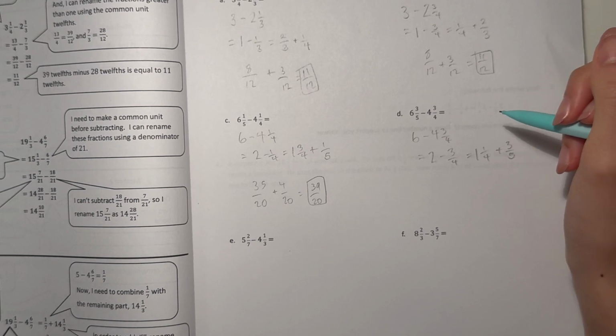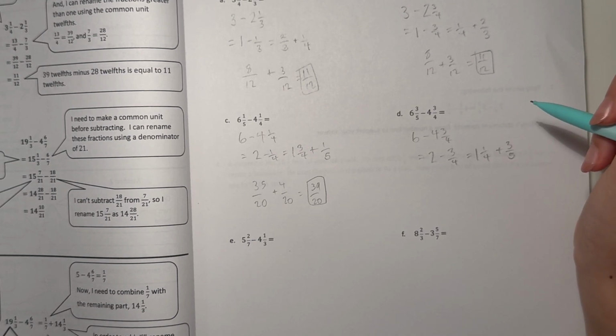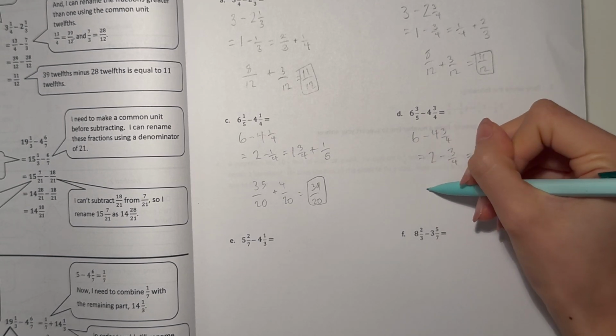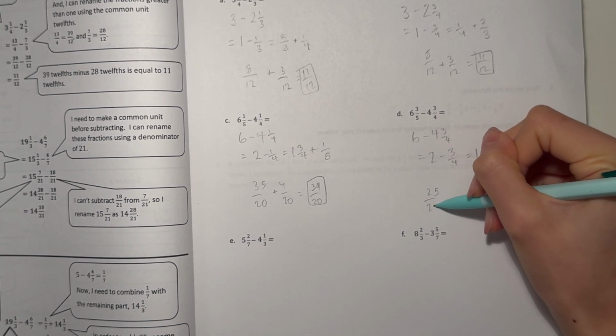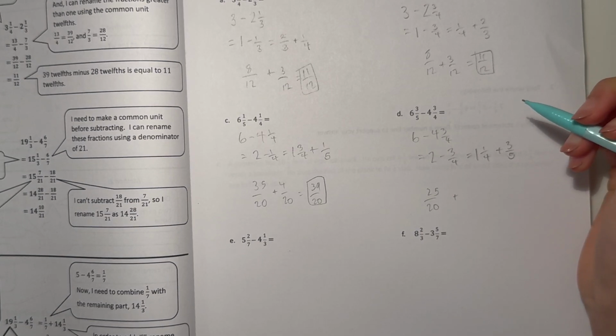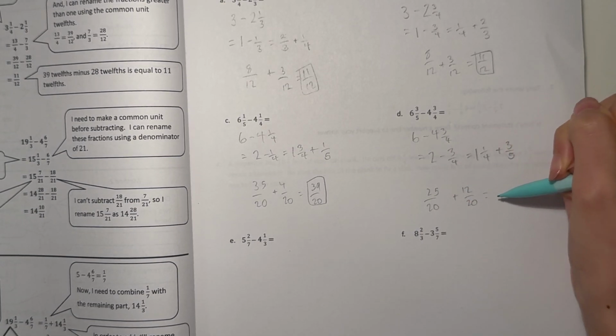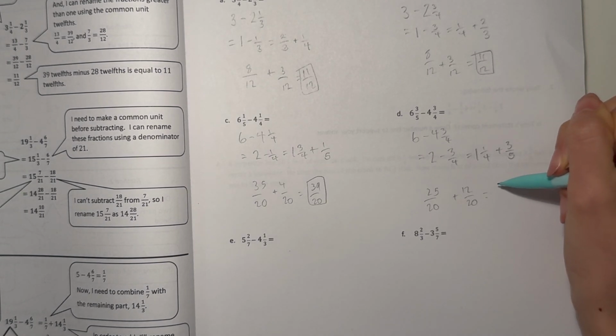So 1 1/4 is basically 5/4. 5 over 4 times 5 is 25 over 20, plus 3/5 times 4 is 12 over 20. 25 plus 12 is 37 over 20.